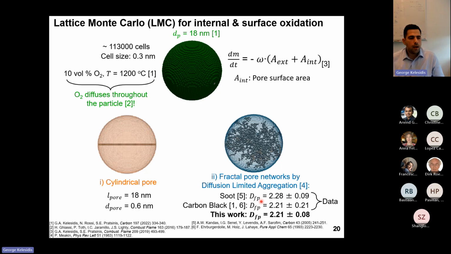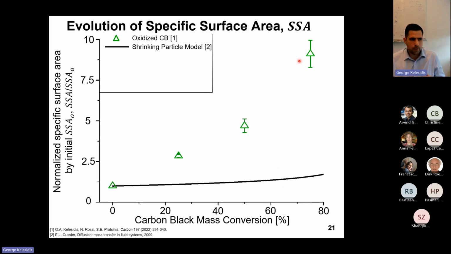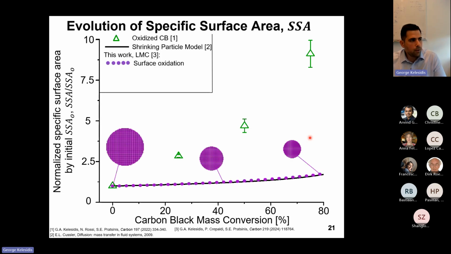And it shows that indeed the pore networks that we use over here are rather realistic. So we're going to compare this lattice Monte Carlo model to the data and the shrinking particle model that I showed you before. So firstly, we run these lattice Monte Carlo simulations for non-porous carbon black nanoparticles.